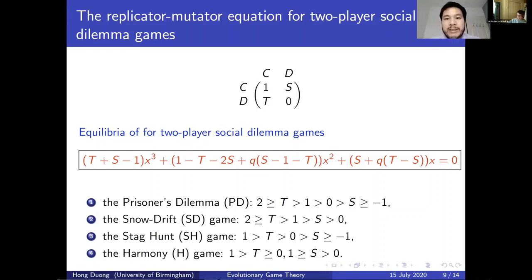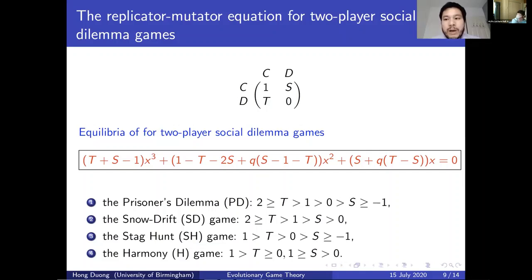The payoff matrix in this case is given by this 2 times 2 table. And the equilibrium for the two-player and two-strategy game is given by this cubic equation. It depends on T, S, and the mutation Q.